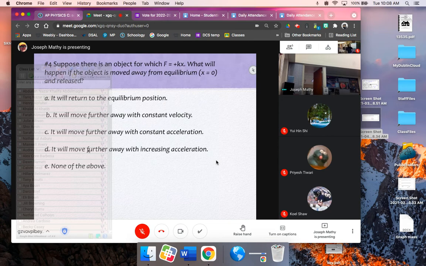Speaking about an object for which F equals kx, why does that say positive? What will happen if the object is moved away from equilibrium and released? That's supposed to be a negative. It is.